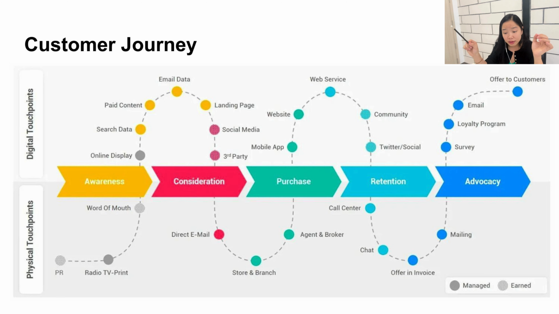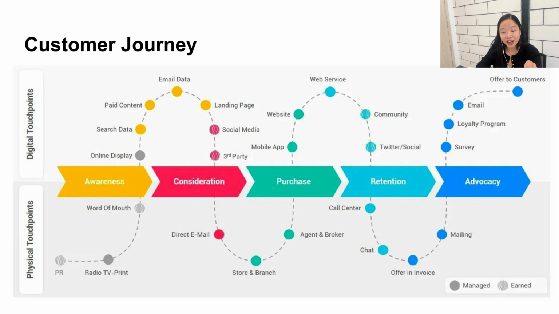From awareness to consideration, to purchase, to retention, to advocacy, you can see that the strategy and approach are quite different between the digital and physical touchpoints. The customer journey you are seeing right now provides you with a tool and a strategy that you can use.